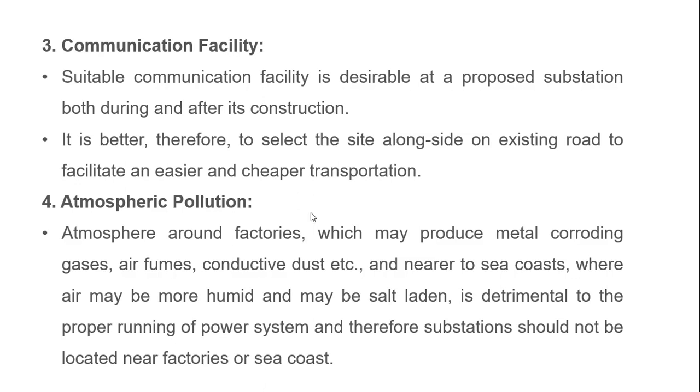Next one is atmospheric pollution. We observe the atmosphere around the factories, which may produce metal-corroding gases, air fumes and conductive dust, etc. Also near the sea coasts, where the air may have more humidity and salt, it is detrimental to the proper running of the power systems.